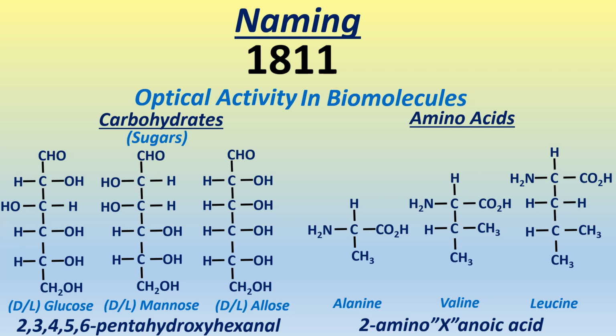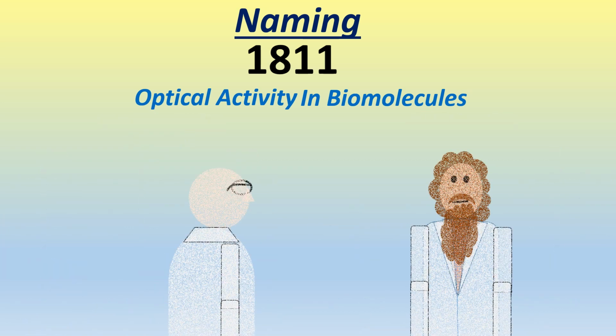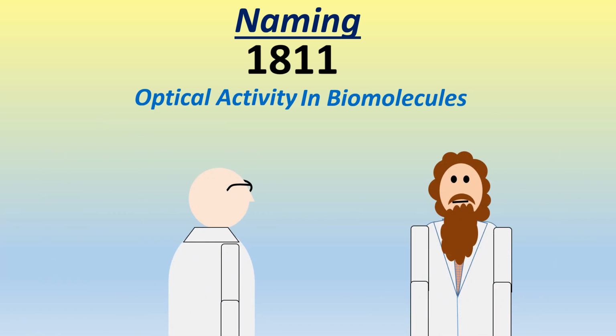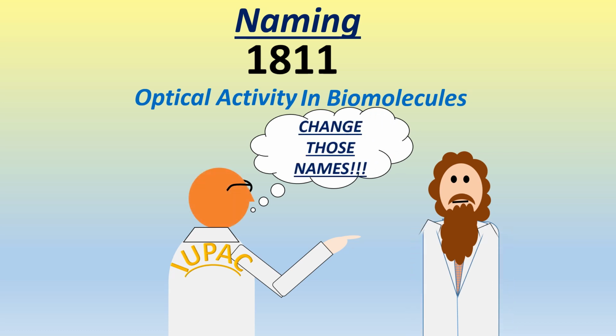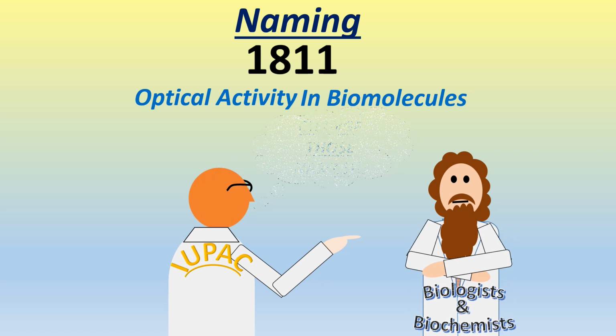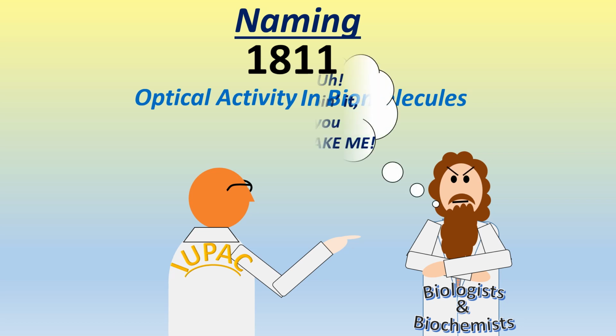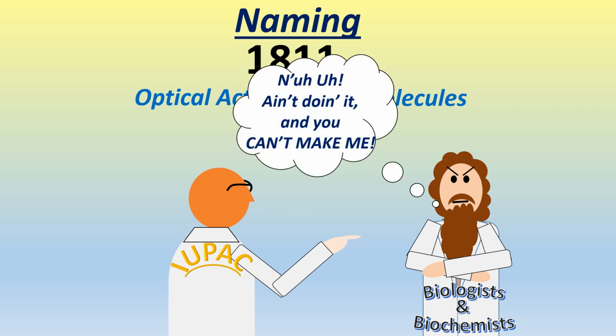So, what happened is what always happens when people get together: an argument. The people in IUPAC decided they had the best way possible of naming any molecules, and this was very systematic, and everybody should do it. Unfortunately, the people who had been studying them already were set in their ways, and to this day, absolutely refused to change the names.